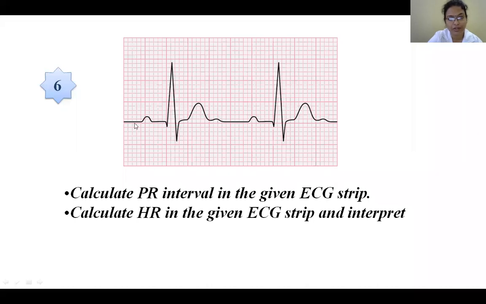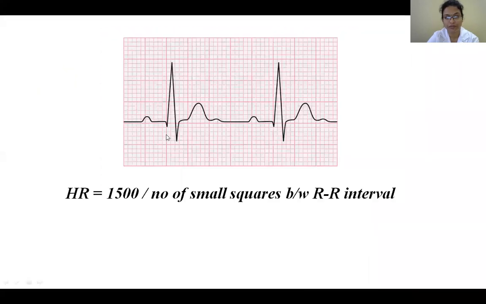So 6 into 0.04 is equal to 0.24. So the PR interval is equal to 0.24 seconds. So that is a prolonged PR interval because the normal PR interval ranges from 0.12 to 0.20.